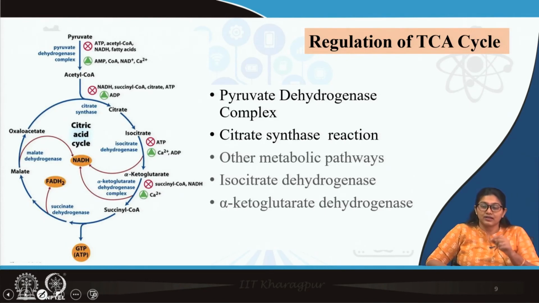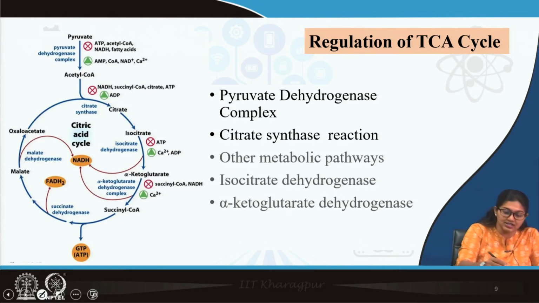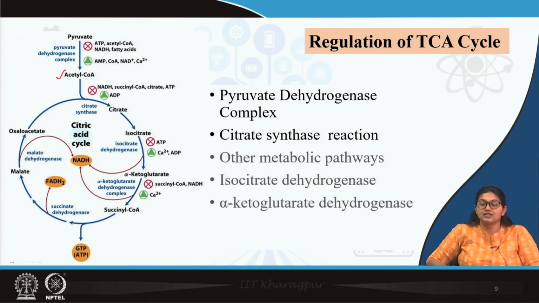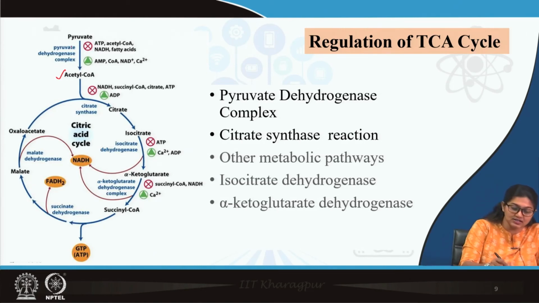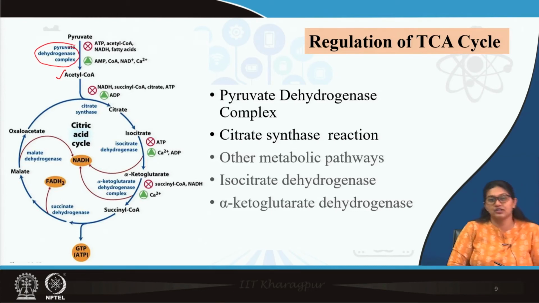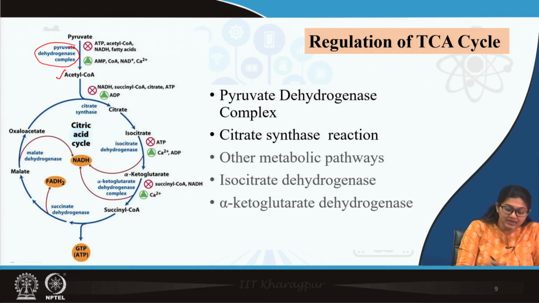One is the formation of the substrate of the TCA cycle, which is acetyl coenzyme A, the step conducted by the enzyme pyruvate dehydrogenase complex, and the other tightly regulated step is the entry of acetyl coenzyme A in the TCA cycle, which is done by citrate synthase enzyme.